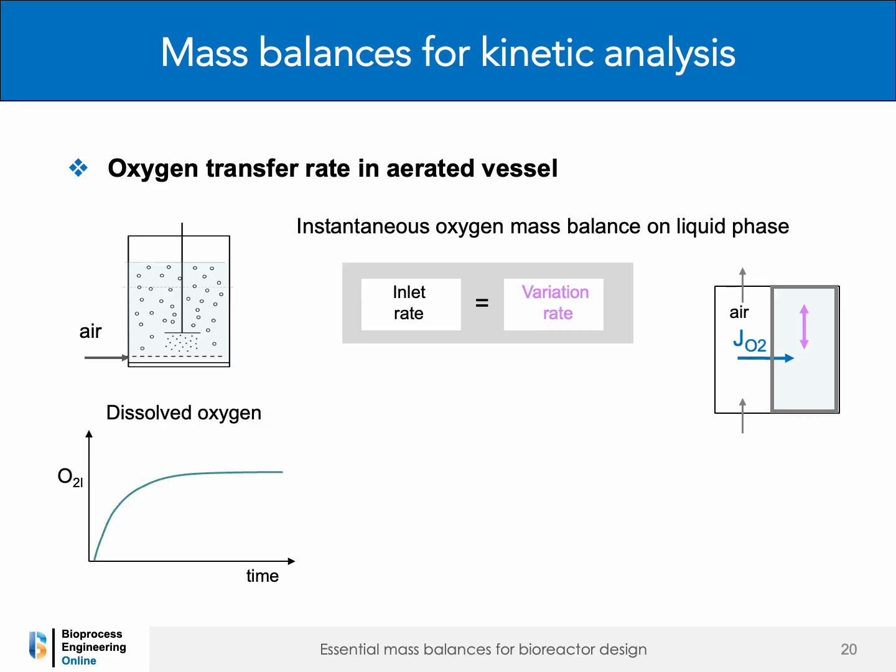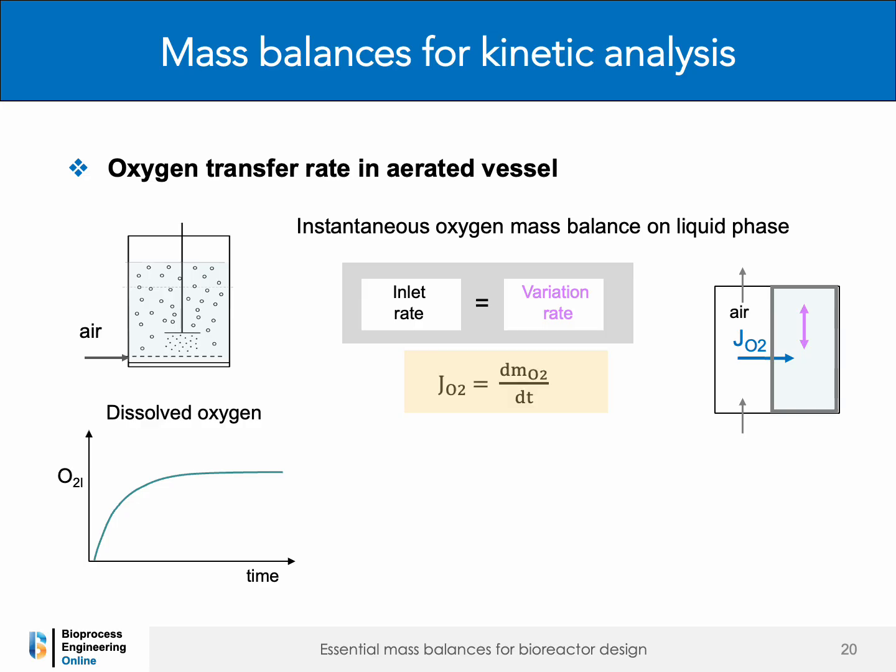When applied to the liquid phase inside the vessel, the instantaneous oxygen balance simplifies to inlet rate equals variation rate. In this case, the inlet rate term corresponds to the rate of oxygen mass transfer from the gas phase to the liquid phase, denoted by J_O2.